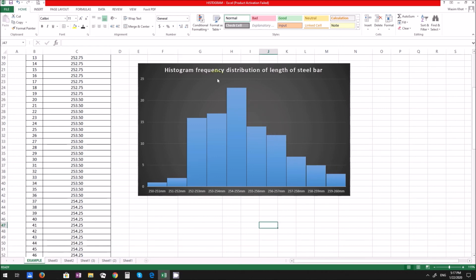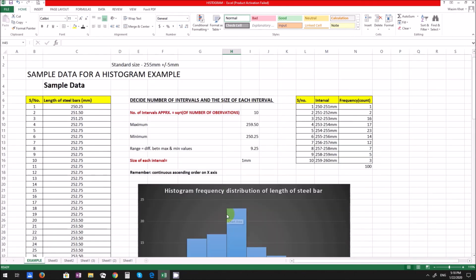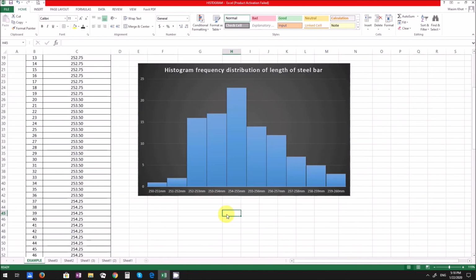It is a unimodal histogram, and we can see the distribution is spread across a lot of values which are greater than 255 mm. So the problem may lie here in this part of the process. So this is how the frequency distribution, or the histogram, is prepared.